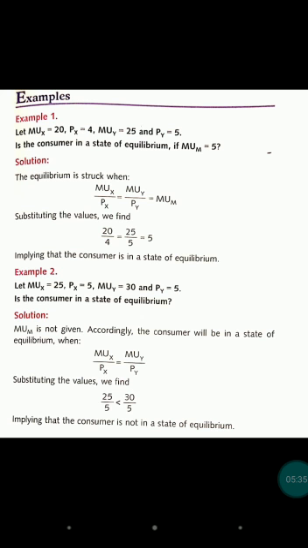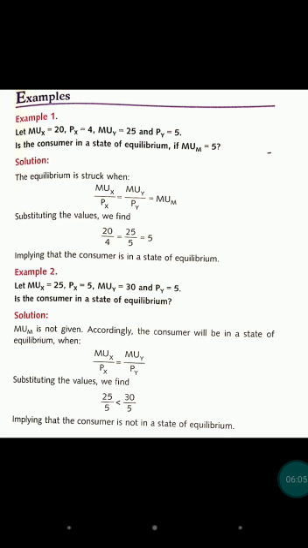Now moving further, the satisfaction of commodity X is 25 and the price we are paying is 5 rupees. The satisfaction of commodity Y is 30 and PY is 5. Is the consumer in a state of equilibrium? Again we use the equation MUX upon PX and MUY upon PY. Our MUX is 25, PX is 5, MUY is 30 and PY is 5.